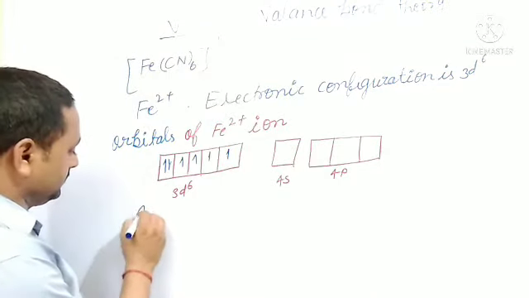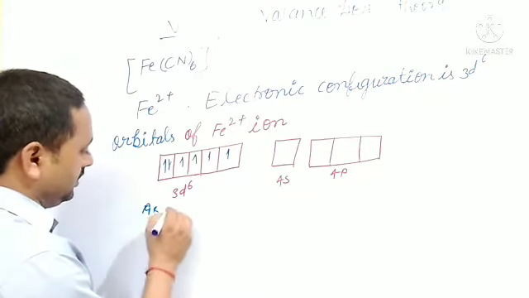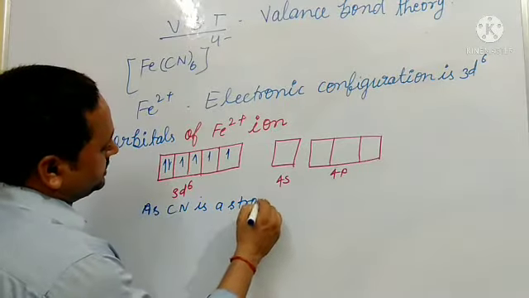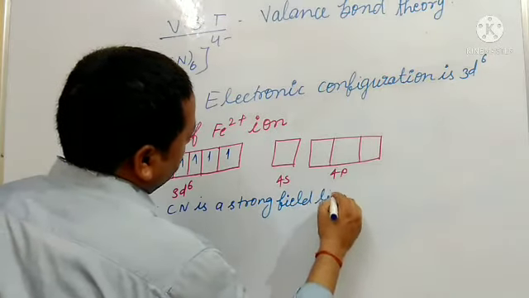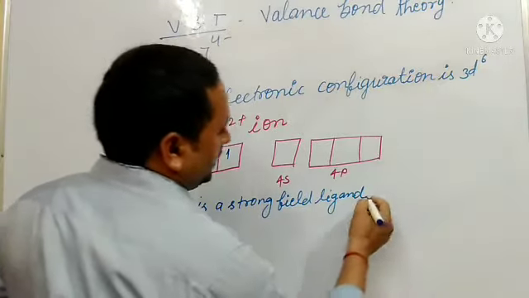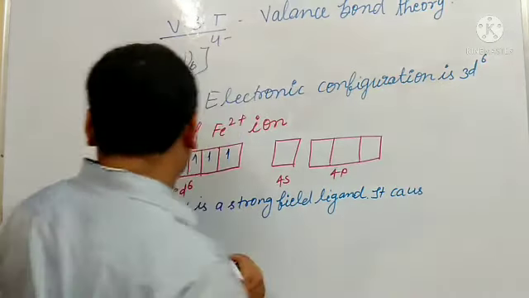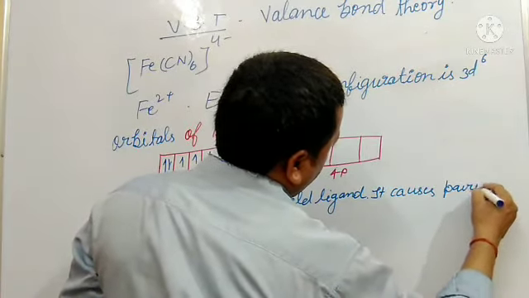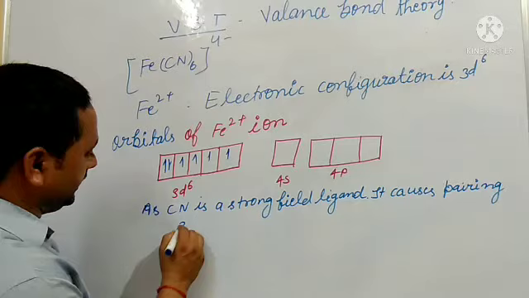As CN is a strong field ligand, it causes pairing of 3d electrons.